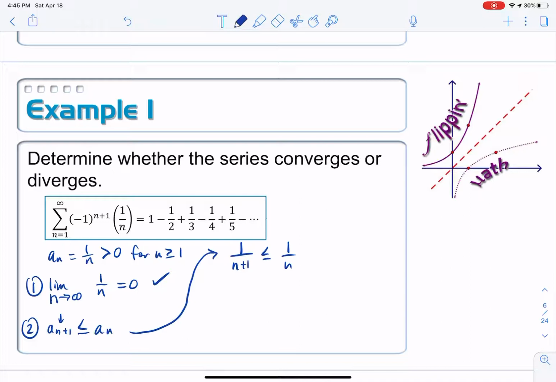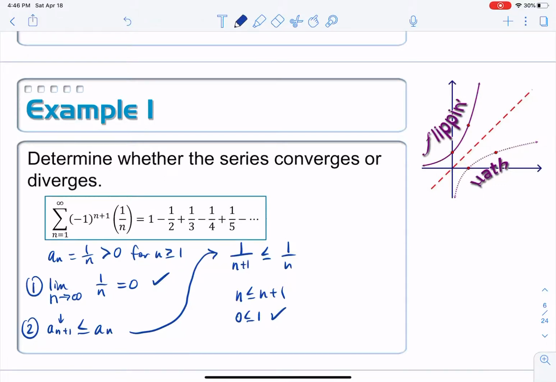When I cross multiply, I have n is less than or equal to n plus 1. If that's not obvious enough, subtract n from both sides, and I have 0 is less than or equal to 1. That's definitely true for all values of n.